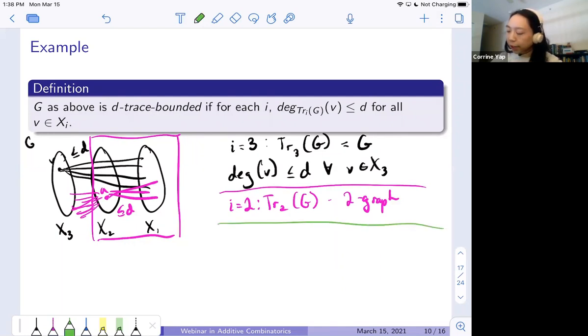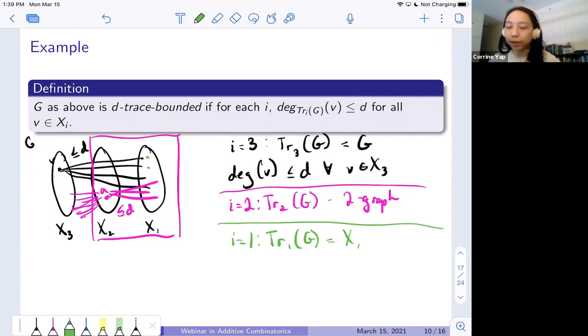And then if I look at i equals 1, then my trace is just going to be X1. And so I don't have any conditions here. I just have this set of vertices, and my trace boundedness doesn't impose anything about X1.